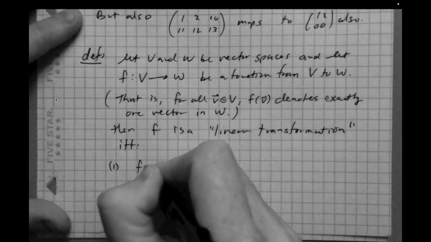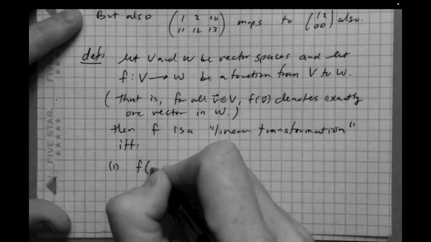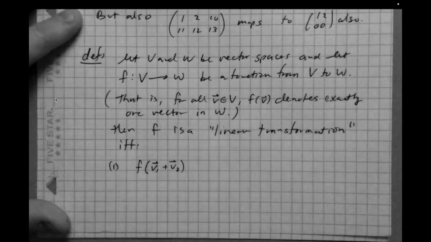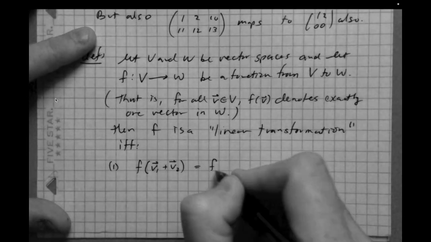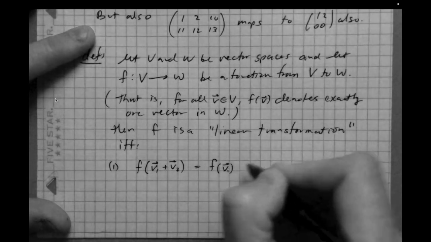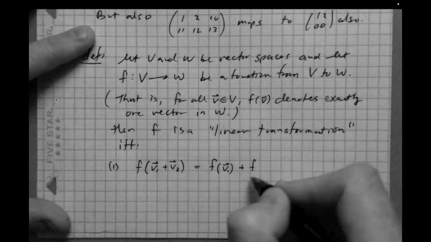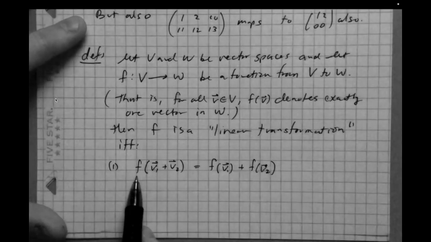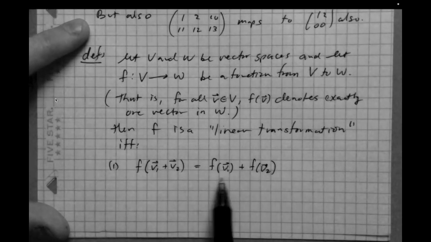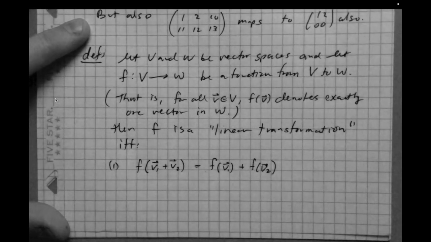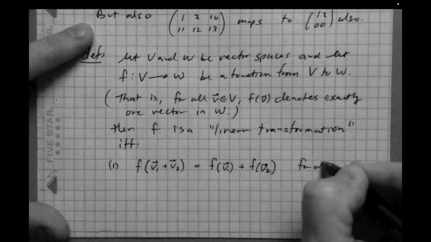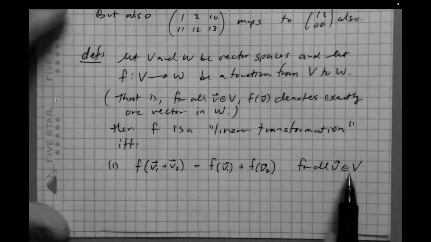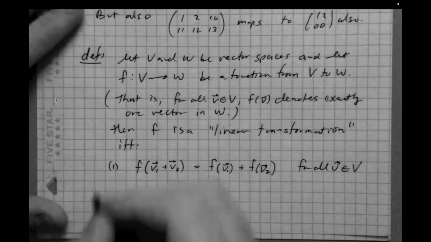The first one is that the function applied to a sum is equal to the sum of the functions applied separately. And this is for all vectors v in the domain. So that's the first one.